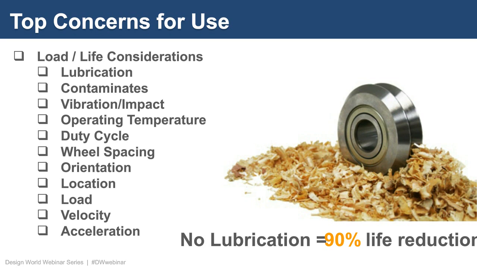So you need to balance all of these considerations and really think about your application when you're considering using guide wheels. But remember, if you know your loads, it's easy to then select the right wheel bearing and calculate its estimated life. And if you're not happy with the life that it tells you, you can go back in and adjust it with a bigger bearing and get longer life. So we'll take a look at some of that.